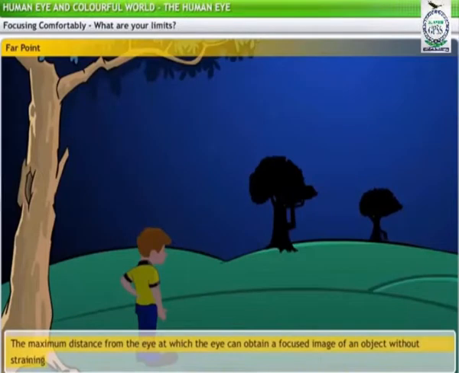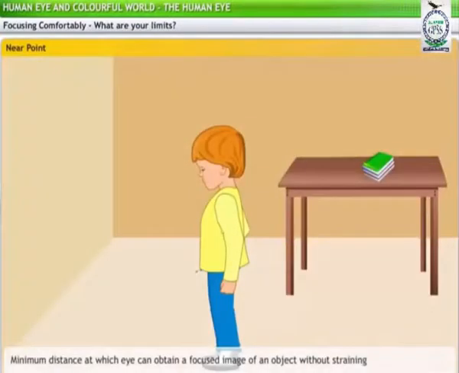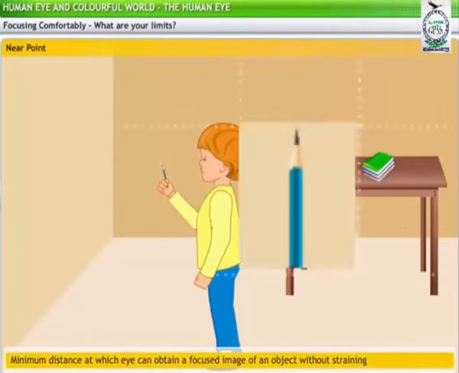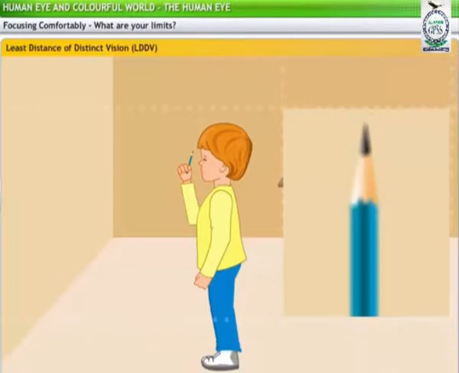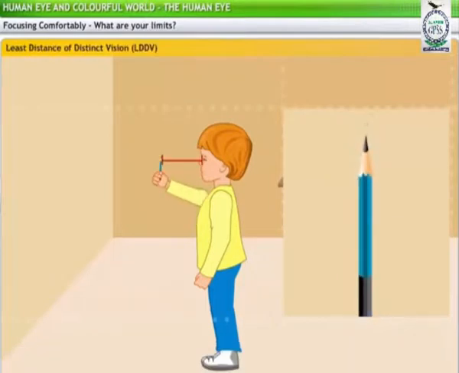Far point is the maximum distance from the eye at which the eye can obtain a focused image of an object without straining. Similarly, near point is the minimum distance at which the eye can obtain a focused image of an object without straining. This means that to view an object clearly, a minimum distance of the object from the eye should be ensured.